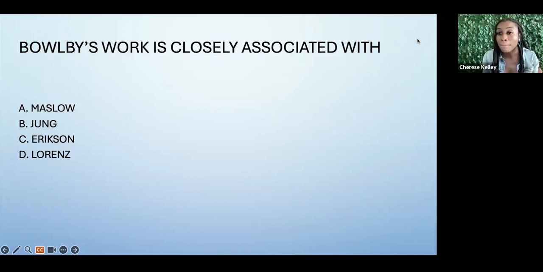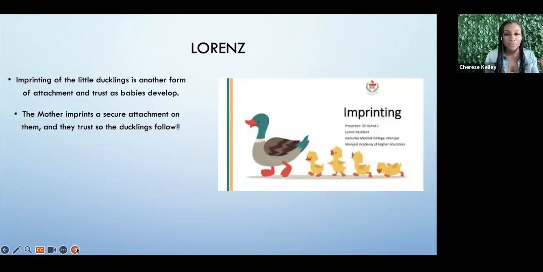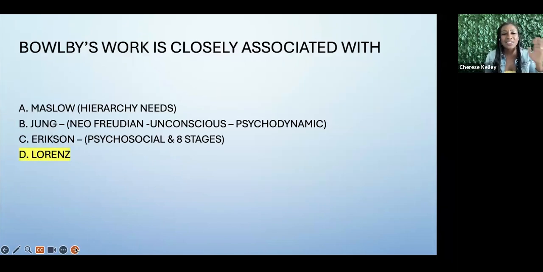Who did I just say Lorenz is? Imprinting, exactly. So for the test, the names that we need to know in relation to attachment theory are Margaret Mahler, Ainsworth, Bowlby, and Lorenz. So what's our answer, everybody? Yes, our answer is D.